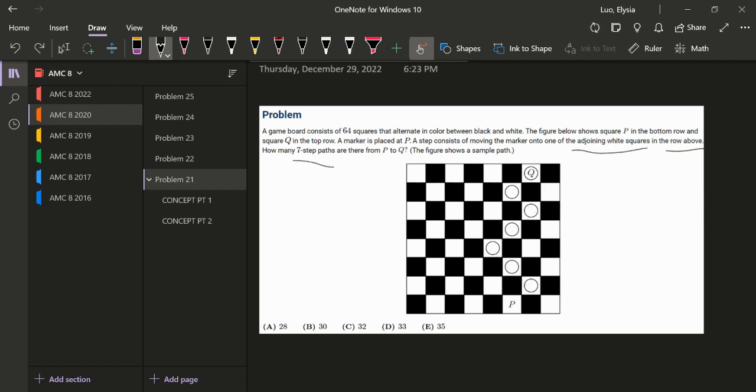All right, so the first thing that we can do to start off this question is to find a range of which it's sort of the widest it can go, but it's still 7 steps and it reaches Q. So yeah, sure, we can go like 1, 2, 3, 4, 5, 6, 7, but can we go one further? 1, 2, 3, 4, 5, 6, 7. Yeah, that makes sense. But you can't go any further because if you go to here, there is no way that you can come back to here without touching the black square.